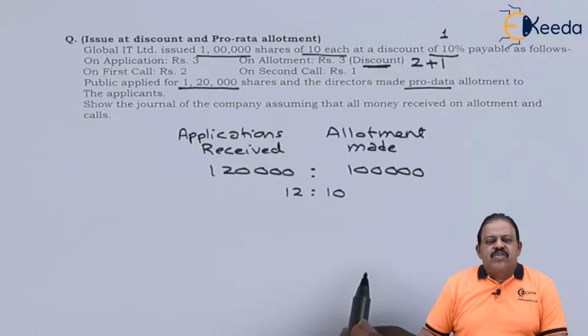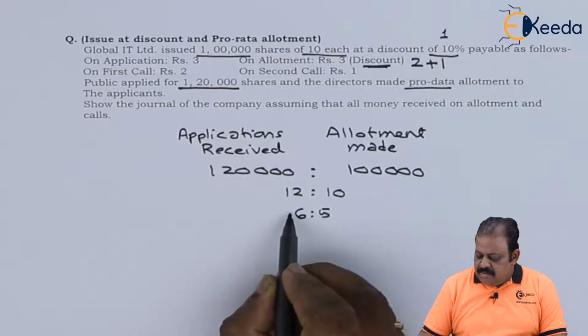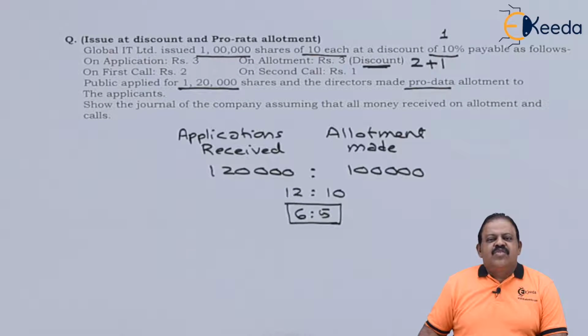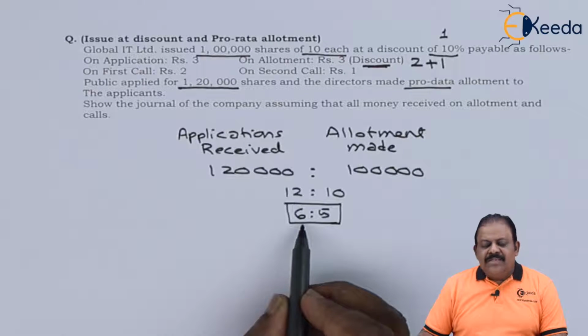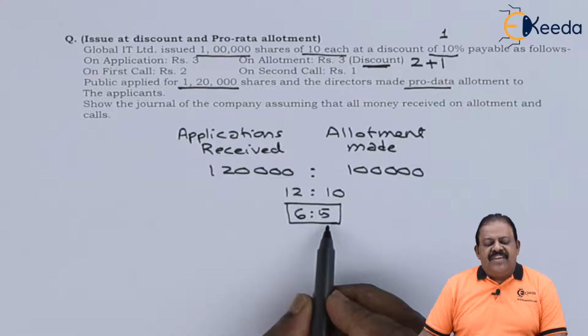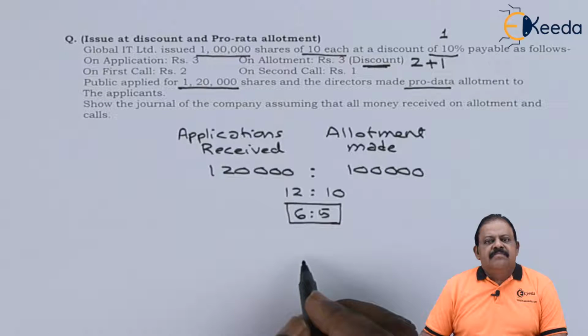It can be 12:10, or we can simplify this. It is 6:5. That means a person who has applied for 6 shares, we have allotted him 5 shares. This is called the pro rata proportion for pro rata allotment.